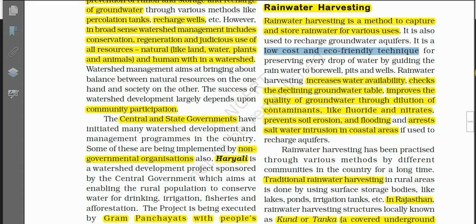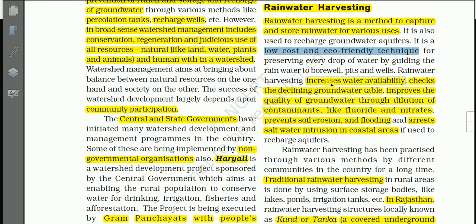It is a very simple, low cost, eco-friendly technique for conserving every drop of water, by guiding the rainwater either to a hole, that is a borewell, or to a pit or a tank or pond or well, etc. And about the usefulness or the importance of rainwater harvesting, it is mentioned here.